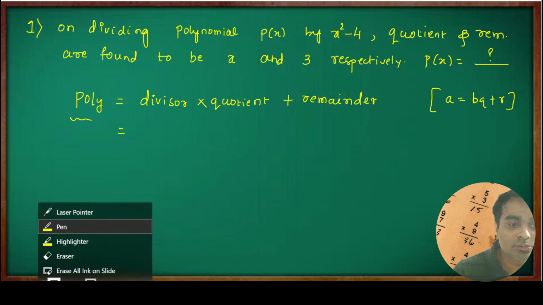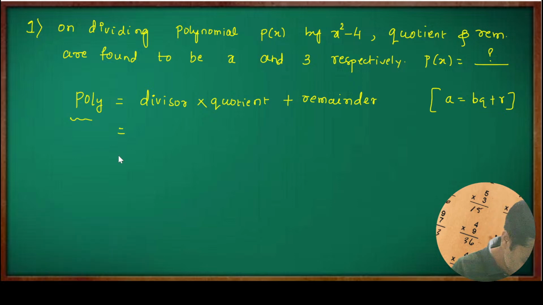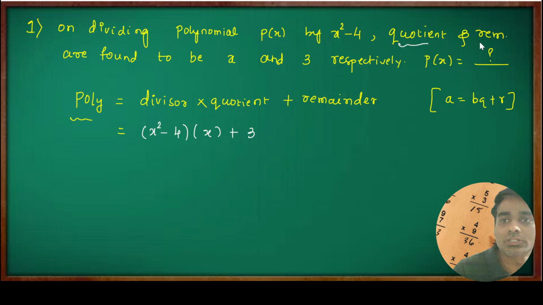So what is our divisor in this question? X square minus 4 is our divisor. Then what is our quotient? X is our quotient and our remainder is 3. Here it is given that quotient and remainder are found to be x and 3.